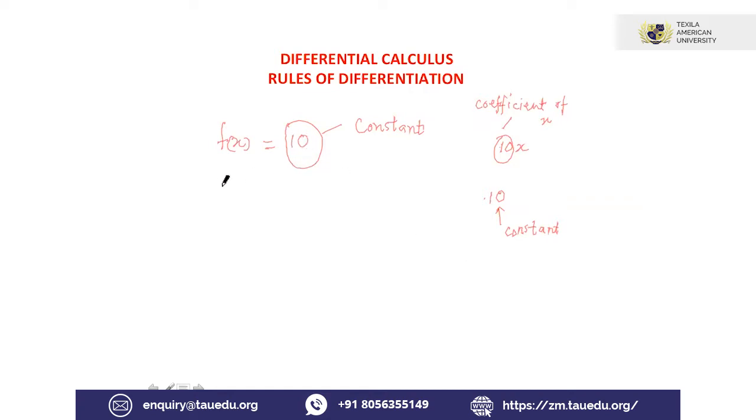So 10 here is a constant. I can tell you one thing, that this is a mother rule everybody must know: the derivative of a constant is equal to 0. If you permit me, I'll write it down.